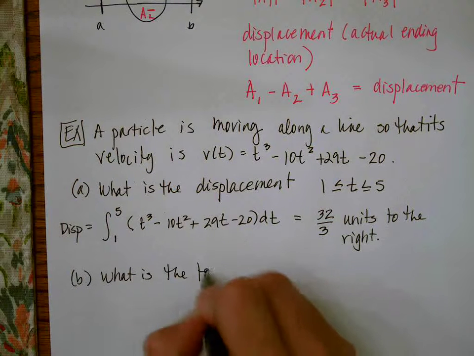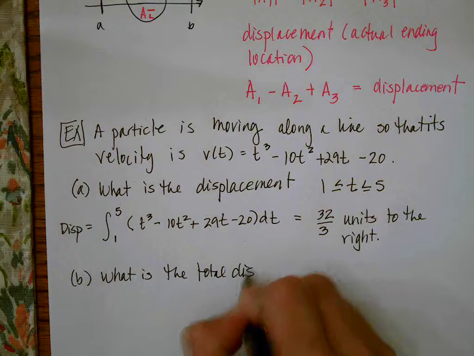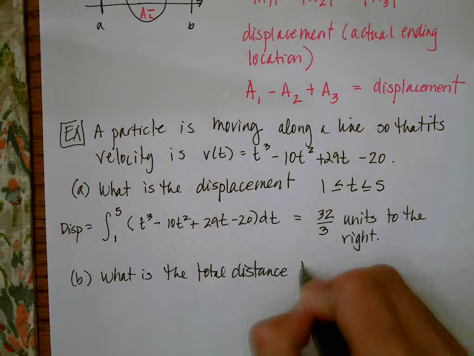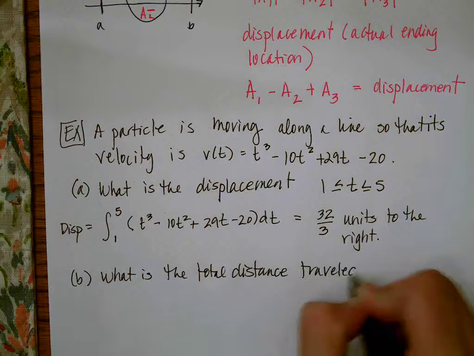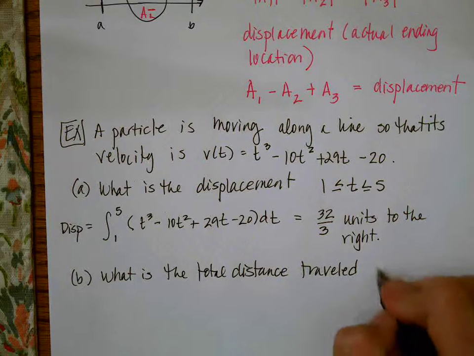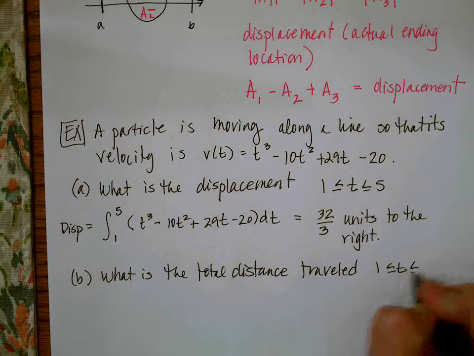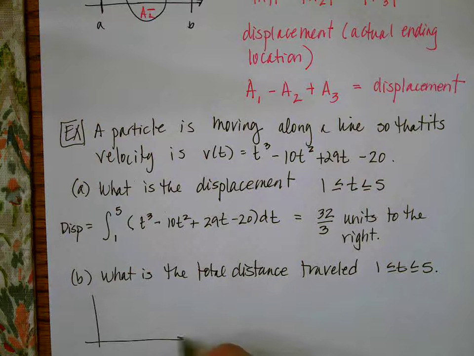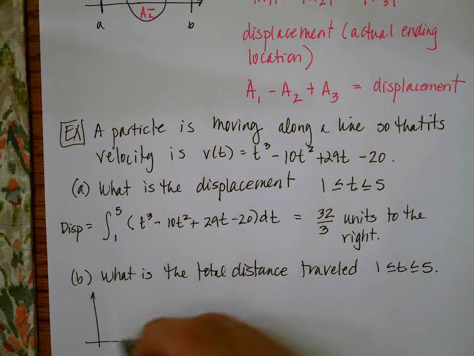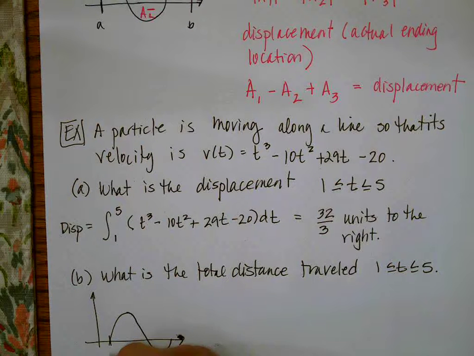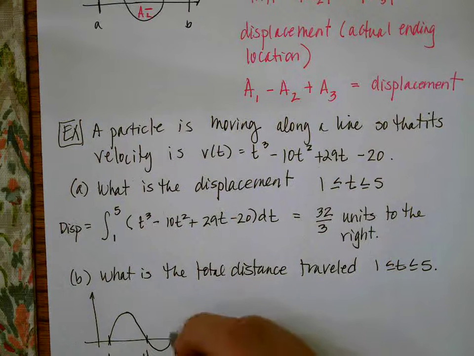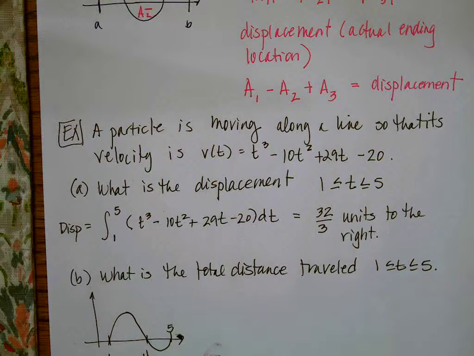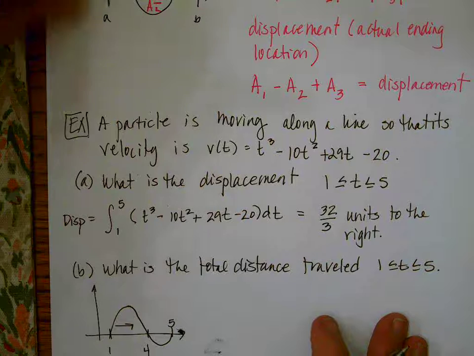So my second question then would be, what is the total distance traveled? And we're going to use the same integral of time, so from 1 to 5. Well, it's helpful at this point to look at the graph. So if you were to put this in your calculator and look at it from 1 to 5, this would be 1, this is 4, and this is 5.